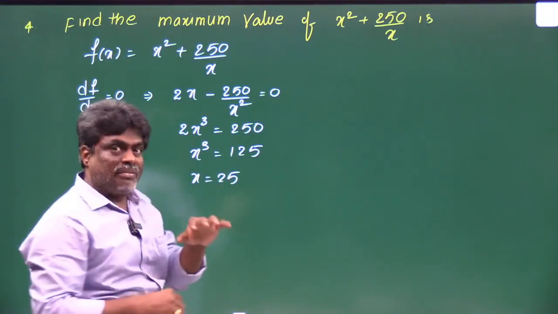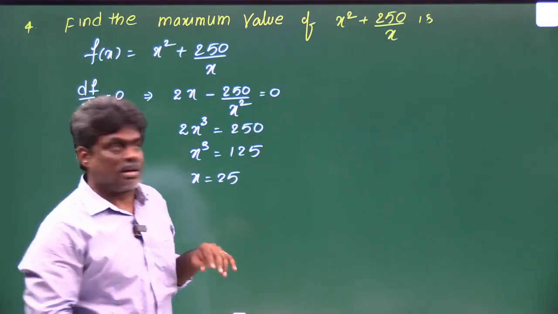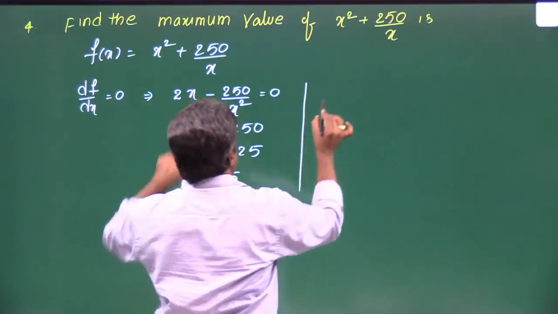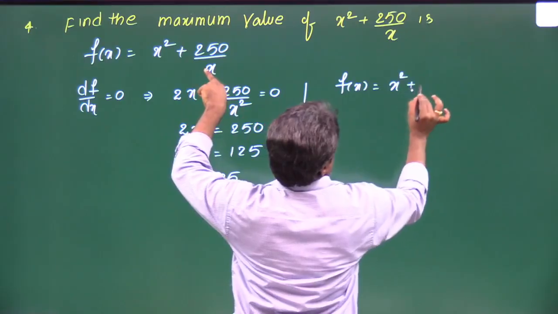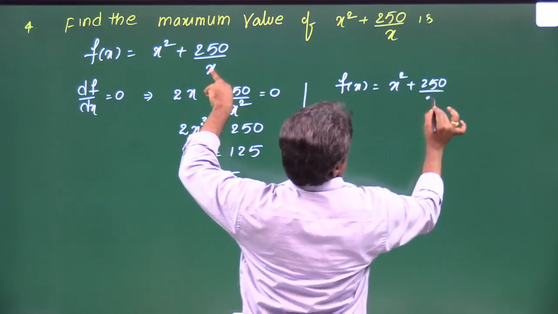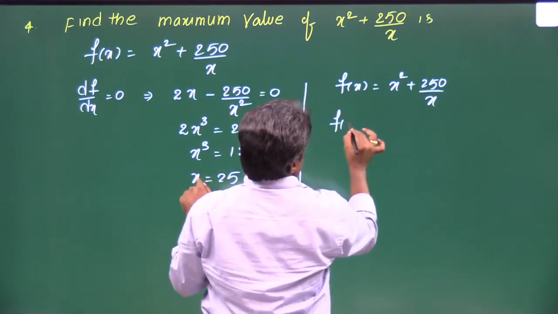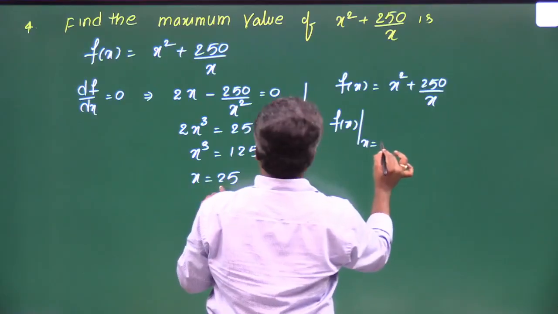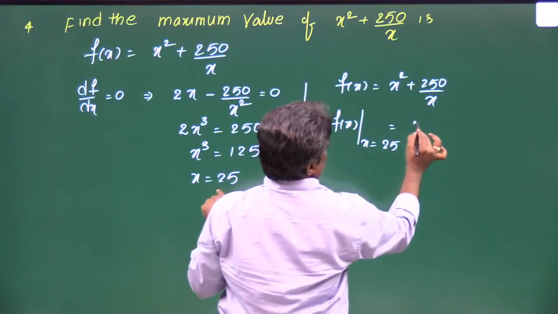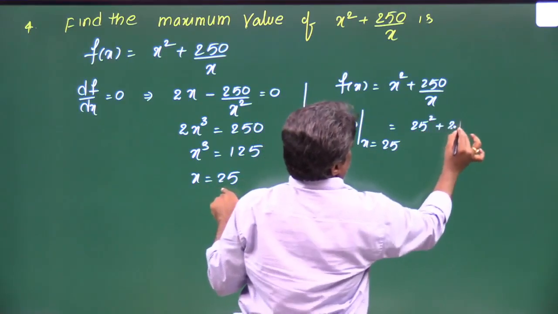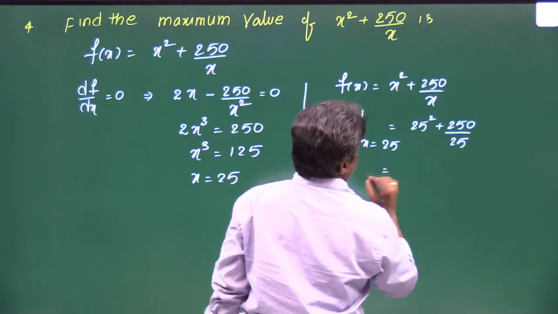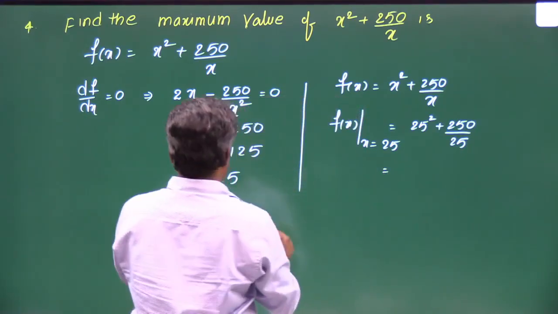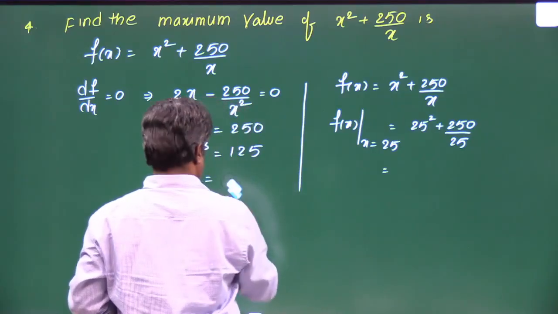Now no need to check whether it is having a minima or maxima. Just take the function again, f of x equal to x square plus 250 by x, and substitute x equal to 25. Oh, I'm sorry, this is not 25, it is 5.